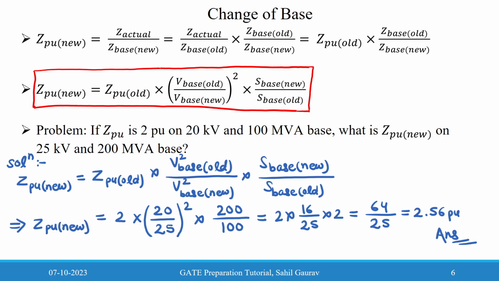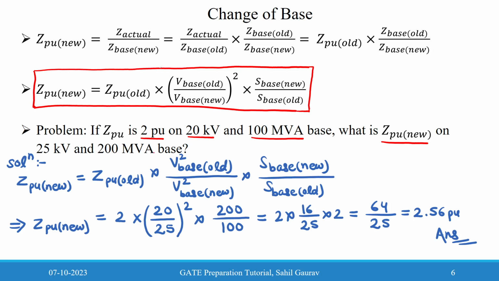So 2 per unit is the older quantity, and these are the older bases, 20 kV and 100 MVA, and we have to compute the per unit impedance at the newer base quantities. Writing the expression, Z per unit new is equal to Z per unit old into V base old square by V base new square into S base new divided by S base old.